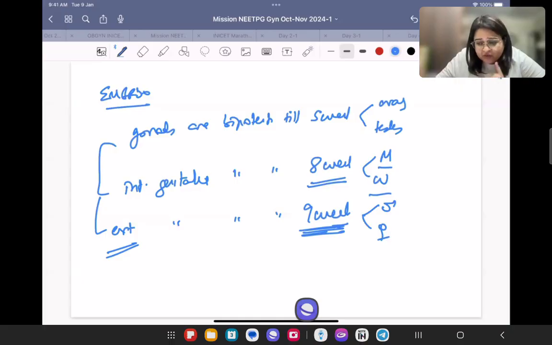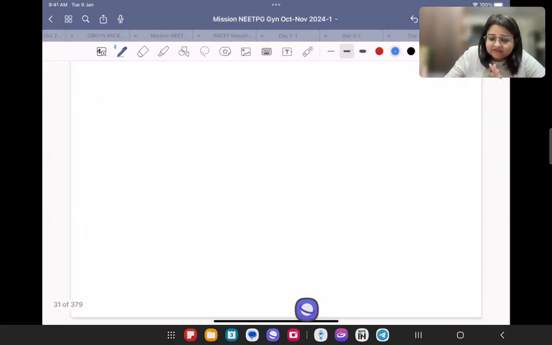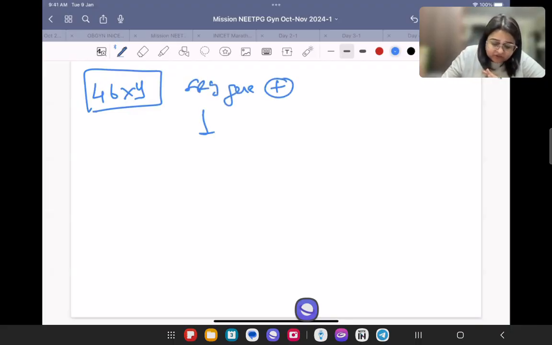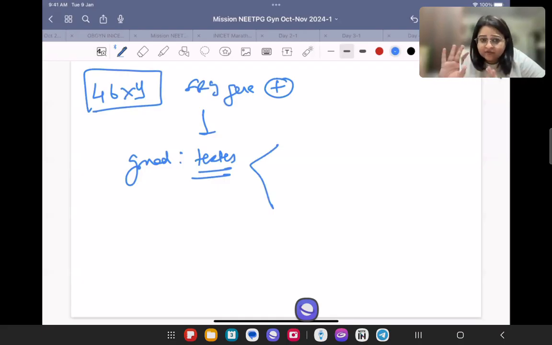Okay, now moving on, let's first discuss the first type. The embryo is 46XY. So it's a 46XY embryo. What will happen here? The SRY gene is going to be present. So what is the gonad going to be? The gonad is going to be the testes. Now the testes has two types of cells.